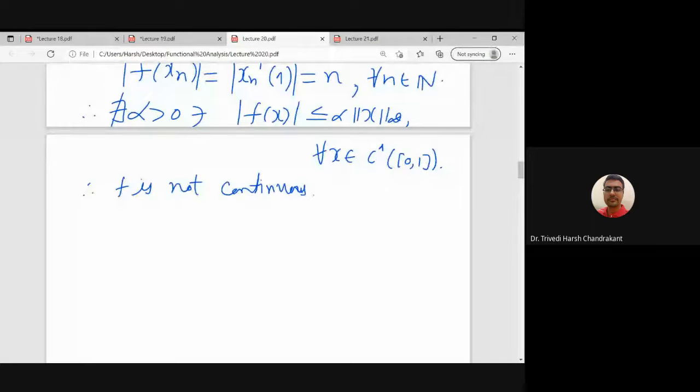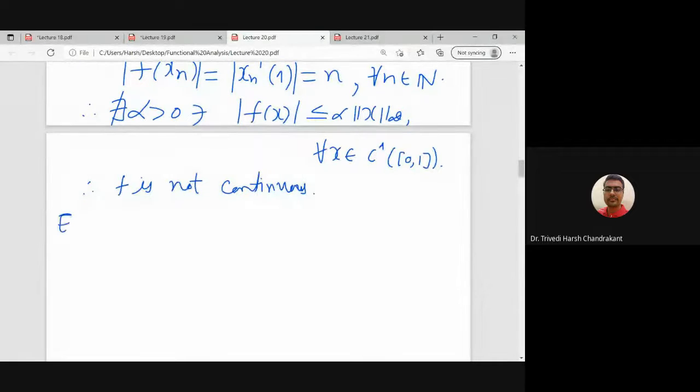Okay, so this was the first example. The second example is another infinite dimensional vector space. We have seen the sequence spaces l1, l2, l infinity, and in which we have discussed one example, c00, the set of sequences which has only finitely many non-zero terms. Right. So let us consider a function f from c00 to K. So again, this is a functional, right?